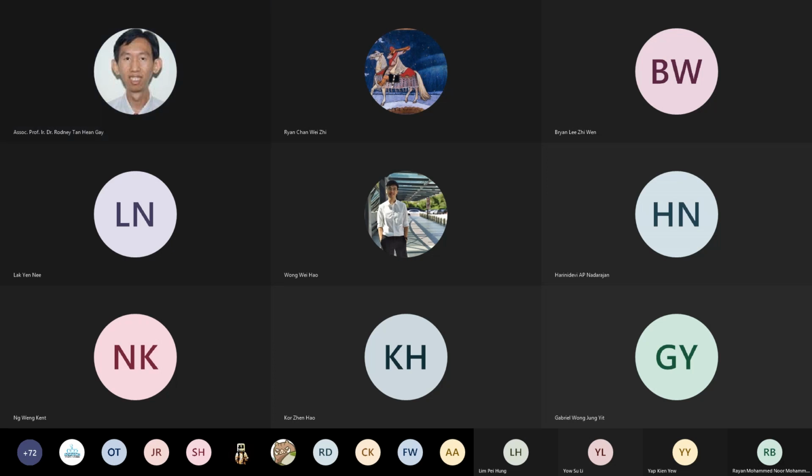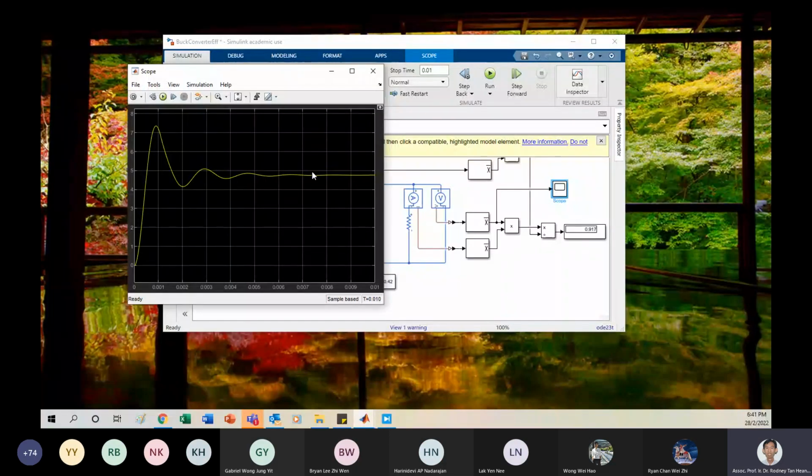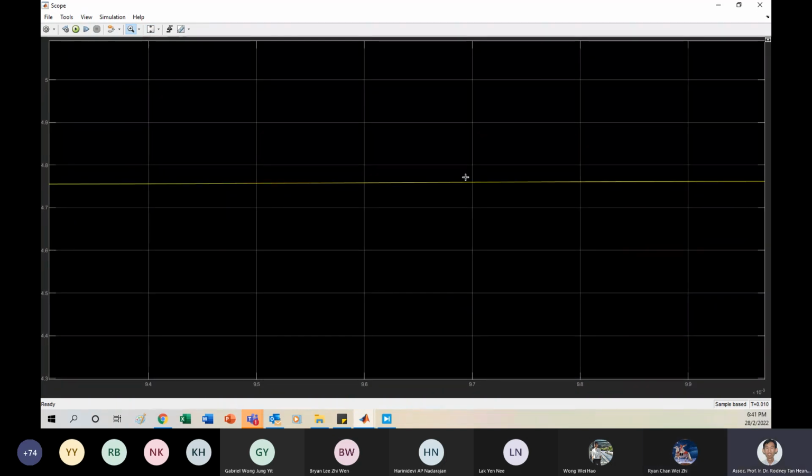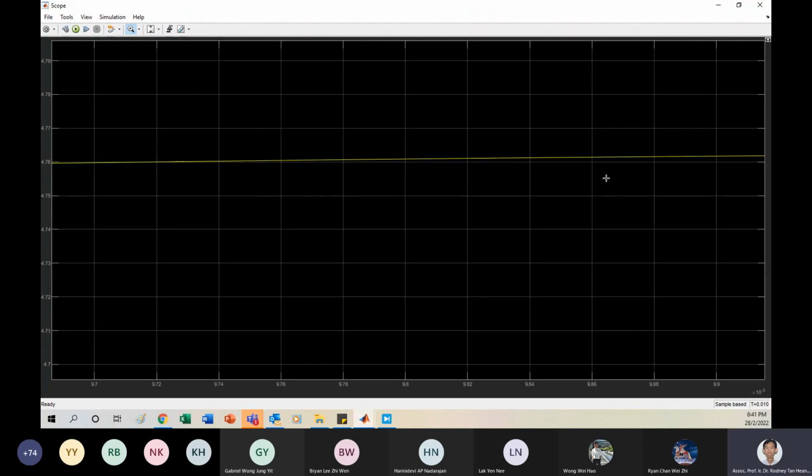Now you see, I just simply change this one to a very high value here, 4 watt something now. You can see the DC is almost like real DC already. Ryan? You see, I zoom in, I even cannot see any fluctuation.